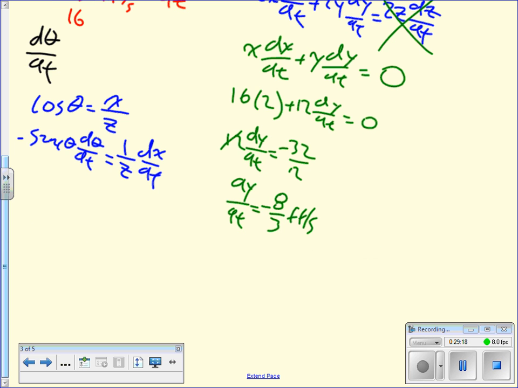Now, start plugging in values. We know what dx/dt is. We know what 1 over z is. So this is equal to 1 over 20 times 2. And then the other side, we're looking for d theta/dt. And then we have the minus sine of theta. What is the sine of theta?